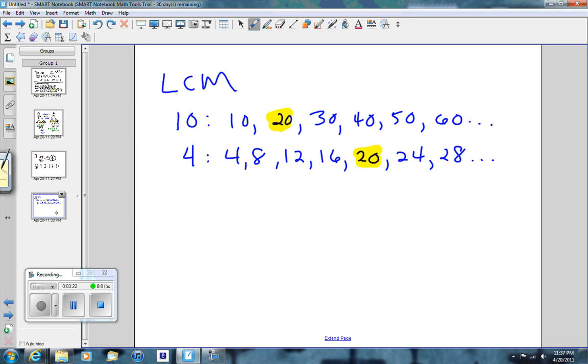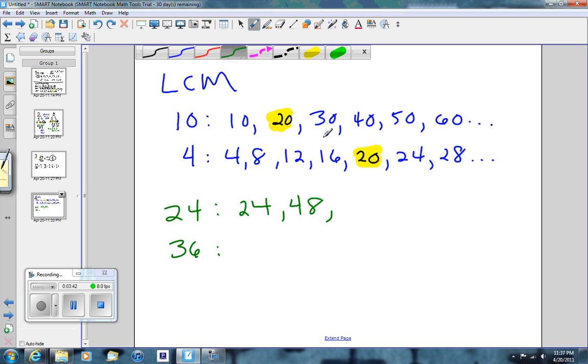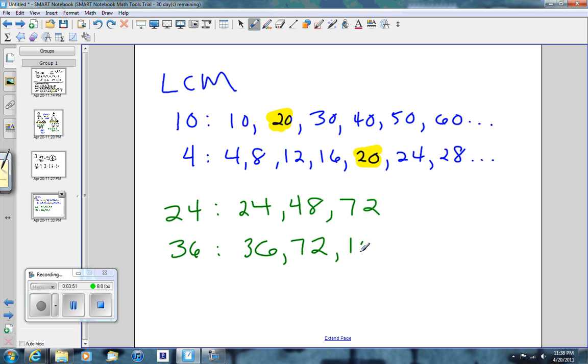We could go back here, 24 and 36, and if you were to just start listing their multiples, you start off with 24, 48, and then we have 72. Down here we have 36, 72, 108.